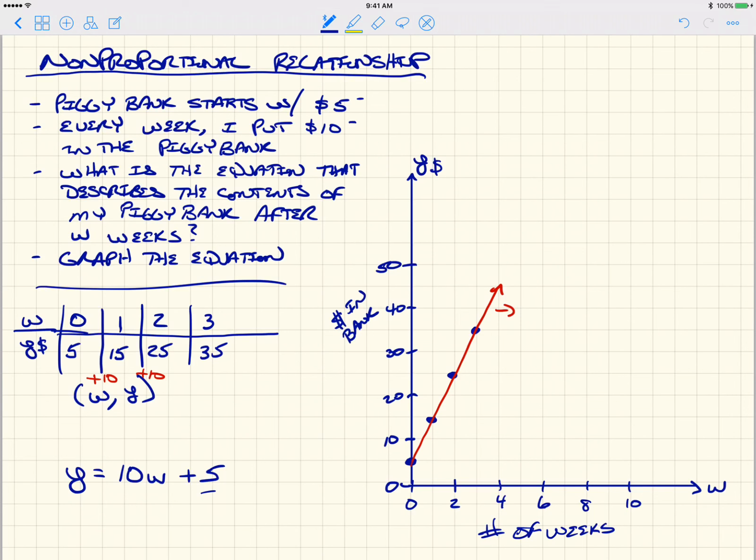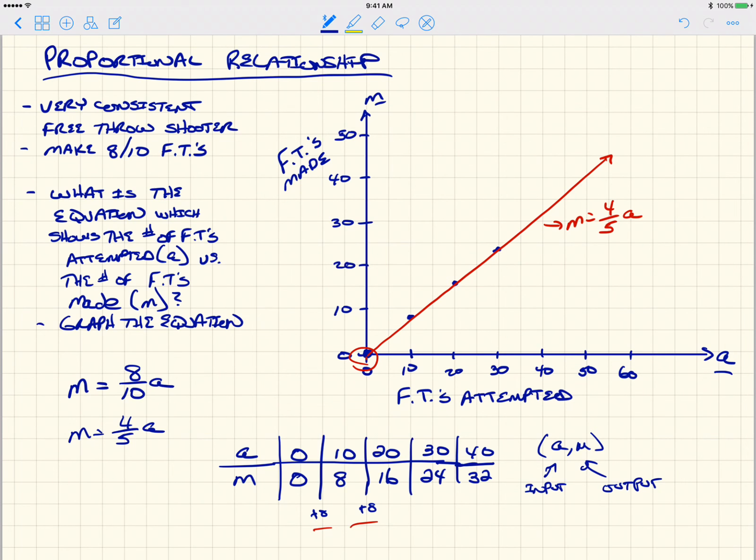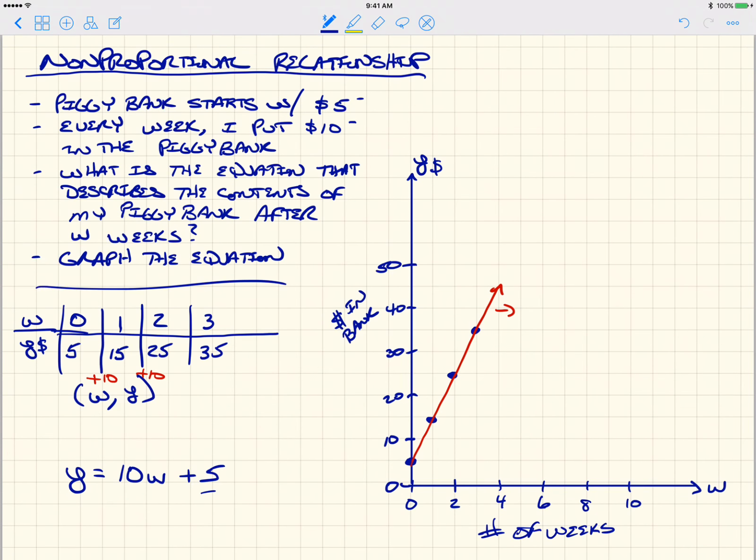So all direct variation equations are proportional relationships. All proportional relationships are lines that pass through (0, 0). But not all lines have to pass through (0, 0), in which case they are non-proportional relationships.